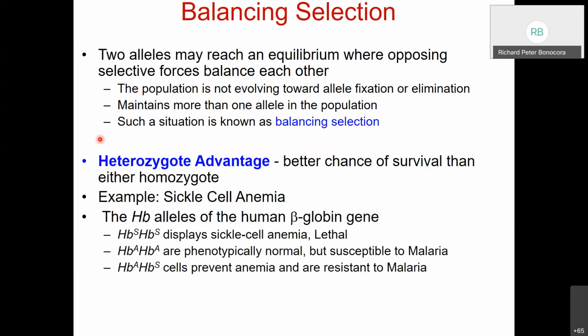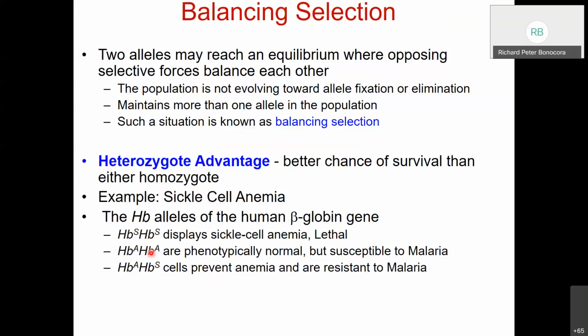We saw this in an example of heterozygote advantage, where there's a better chance of survival of the heterozygote individual than either homozygous individual. The example that we talked about was sickle cell anemia. Individuals who are homozygous for the S allele will have sickle cell anemia.